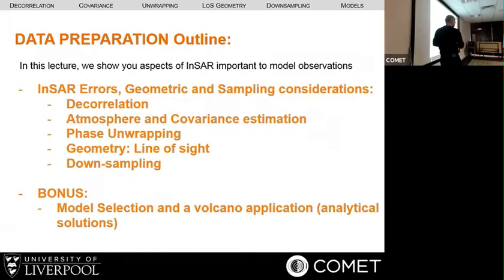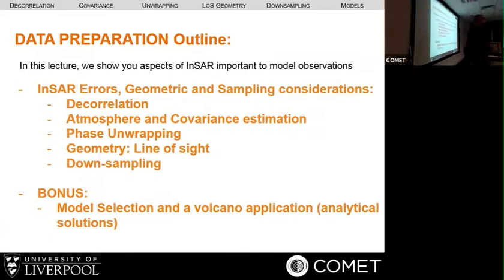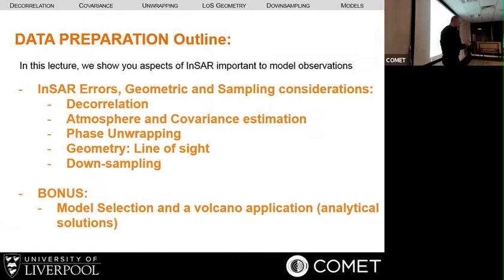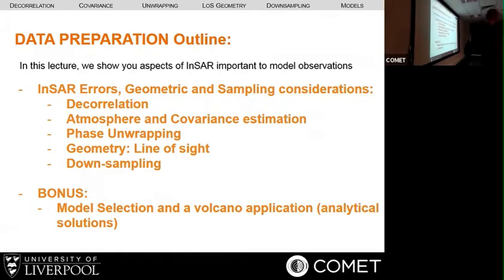We have to take into account errors in the inverse problem. We have to realize that the geometric characteristics of the InSAR data are not information in 3D. And the InSAR data is humongous, so we have to downsample it in clever ways. If we have time, we may see one application at a volcano, but probably we will skip that part.